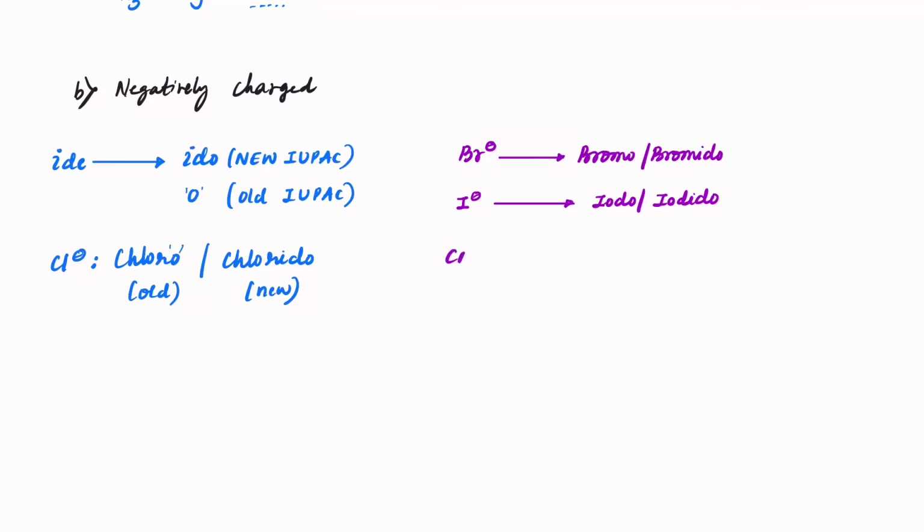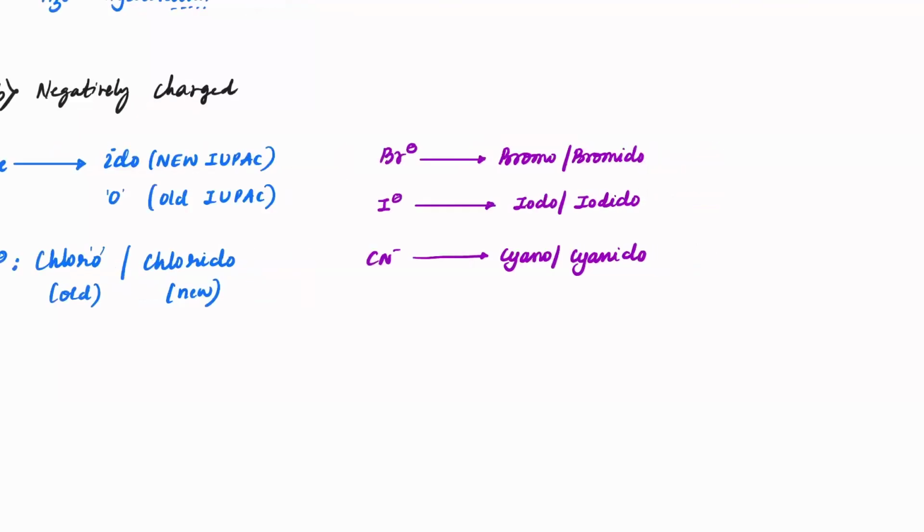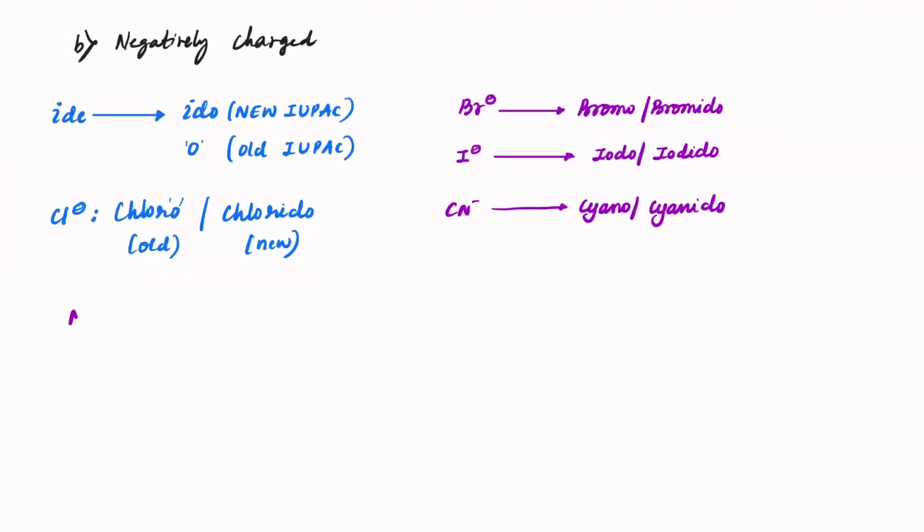Cyanide, CN minus, will become cyano or cyanido. N 3 minus is nitride, so it will become nitrido. S 2 minus is sulfide, so it will become sulfido.